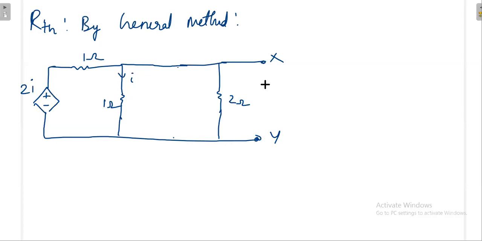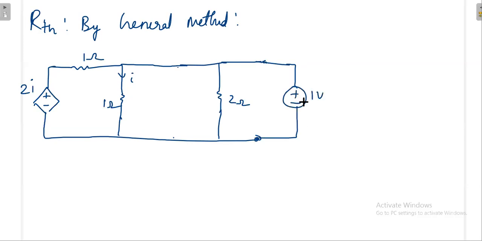Then you apply the test voltage or test current here. You can apply either test voltage or test current. I will go by both methods. First I will apply the test voltage, later test current, and then later I will tell you which one you have to choose. So this is the test voltage I am applying.